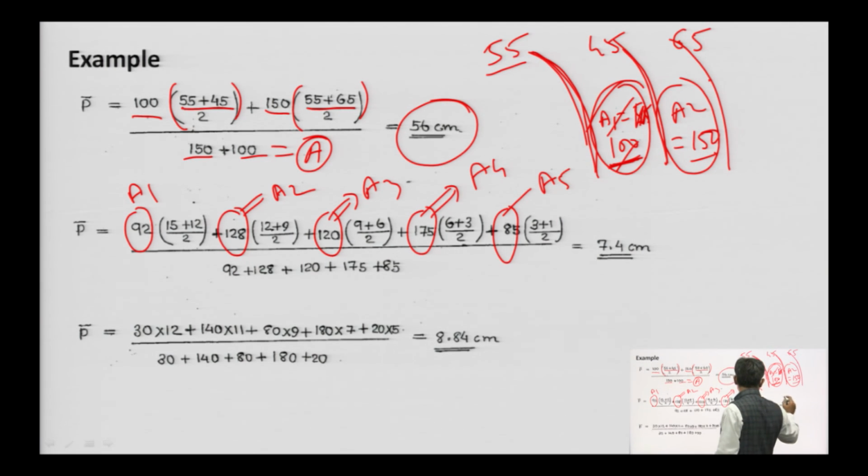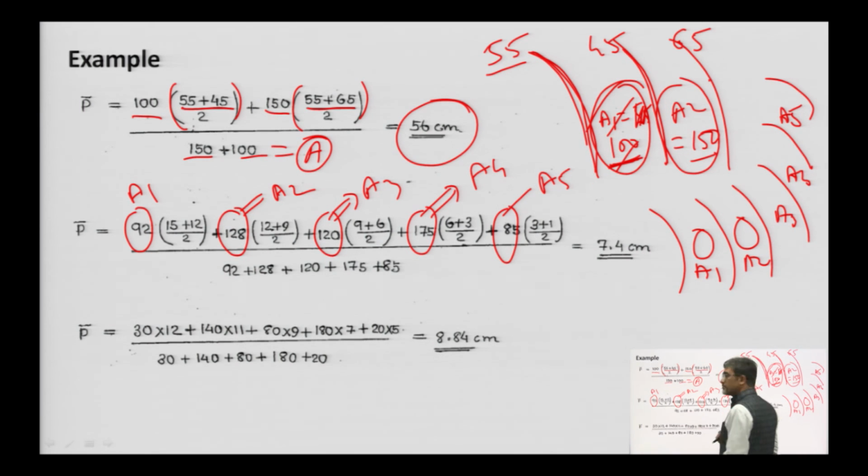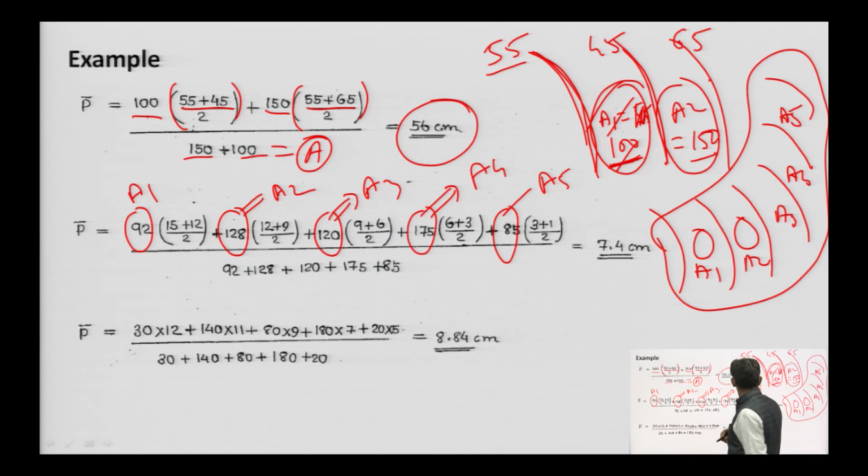Total 6 isohyets are here, 1 2 3 4 5 6, and the area between these is A1, A2, A3, A4, A5. These are the areas covered between this precipitation.